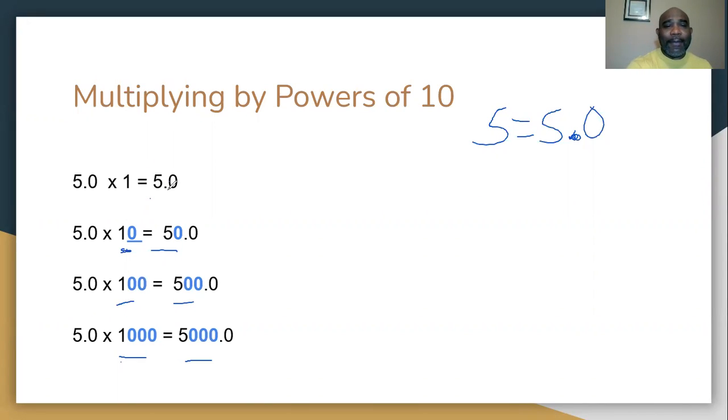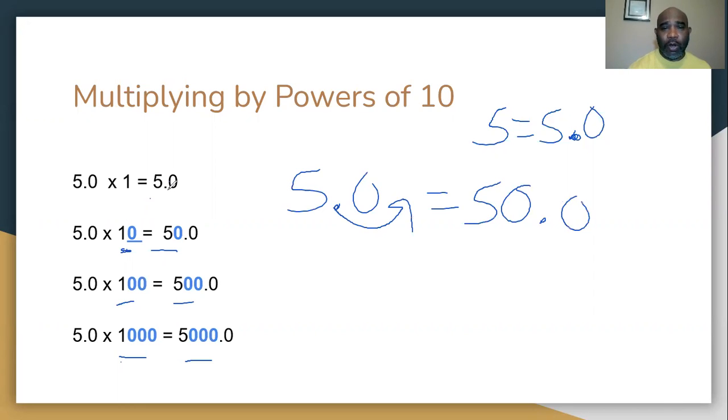When multiplying by a power of 10, we simply take our decimal, 5.0. 10 has 1 zero, so I moved it 1 decimal place to the right. Instead of 5.0, it's now 50.0. Then when we get to 100, again, 100 has 2 zeros, so it is 5.0.